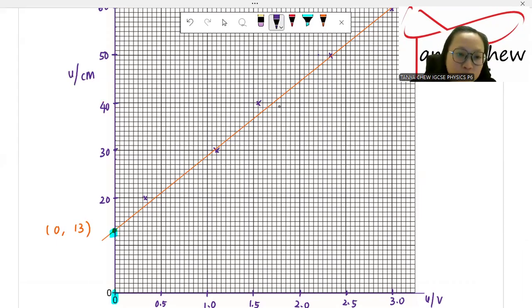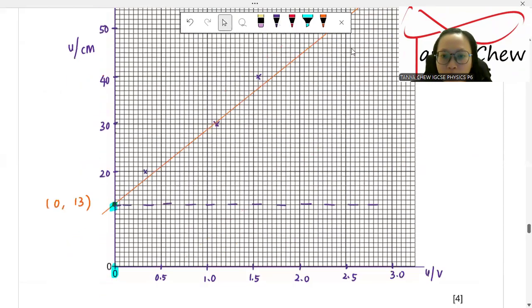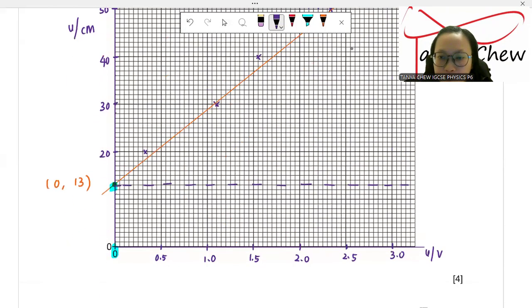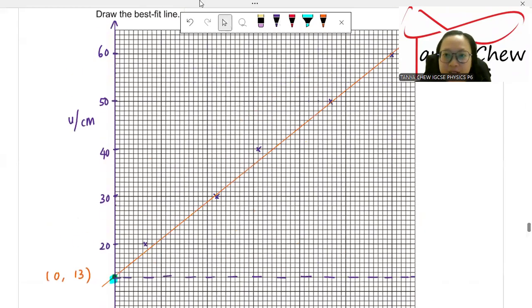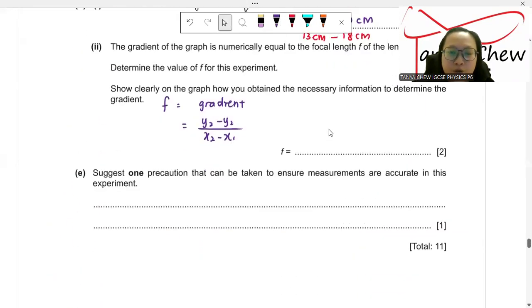So this is my x1, y1, and the other one is my x2, y2. I use quite a big triangle right here, so you can see. These are all the coordinates that I need. Now I'm going to determine the value of f.